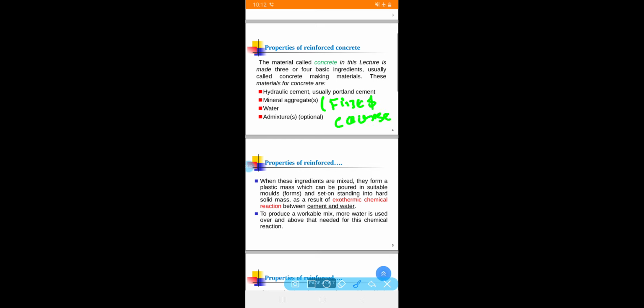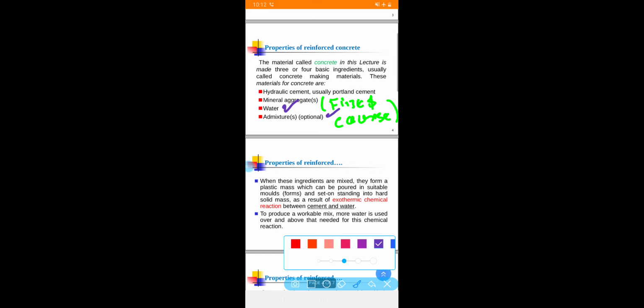Okay, friends, and the next point is water and admixture. This is optional.